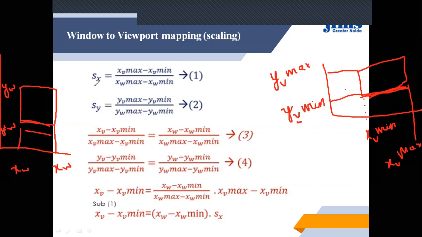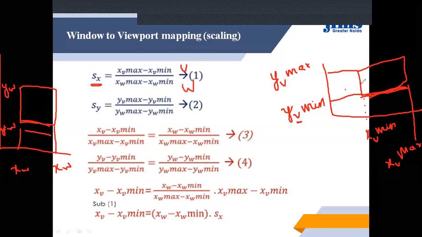When I am trying to find the scaling factor in the x direction, S represents the scaling factor, with the x subscript for the x-side coordinate and the y subscript for the y-side coordinate. So I find the scaling factor on the x-axis, with this for the viewport and this for the window.